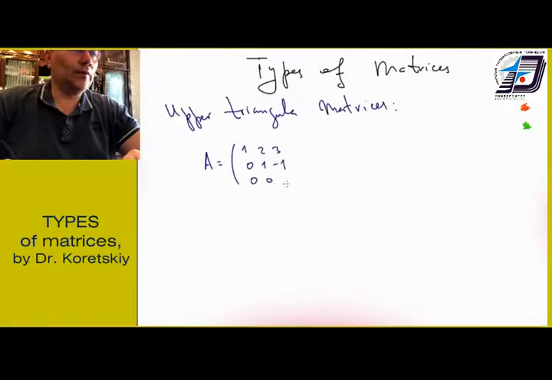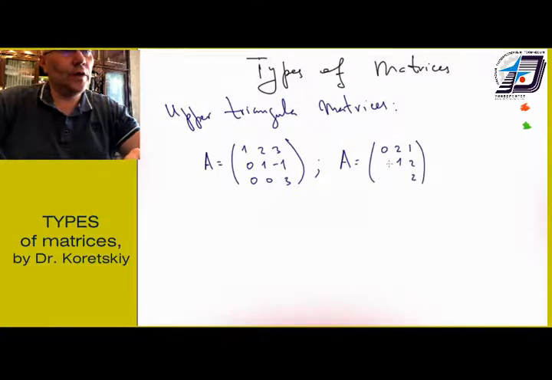For example, 0, 2, 1, 1, 2, 2. Even if you have 0 elements here, this matrix is still an upper triangular matrix.